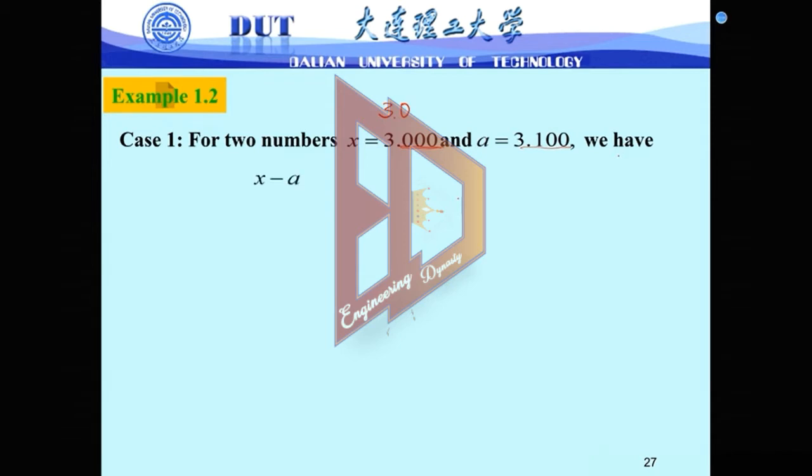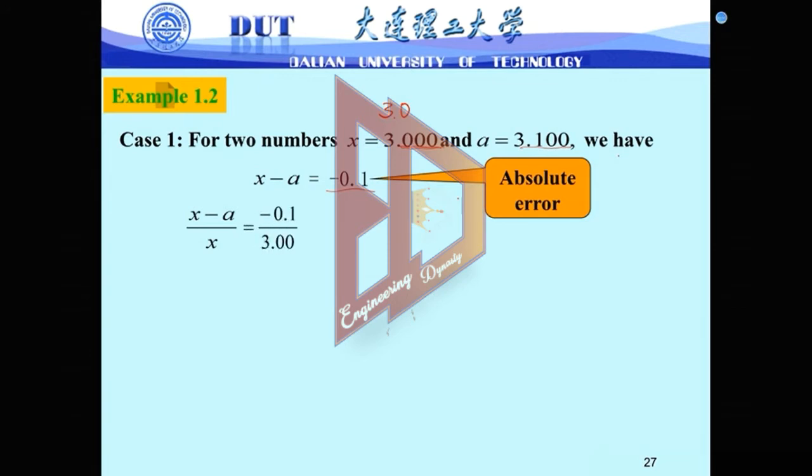Okay, and we have the difference, the absolute error, we know it's just the minus 0.1. Now you see, we have a negative error, right? Because here, just the absolute error, not absolute value of error, okay? So this is absolute error. And for the relative error, because here we know the exact x, so we can use directly.